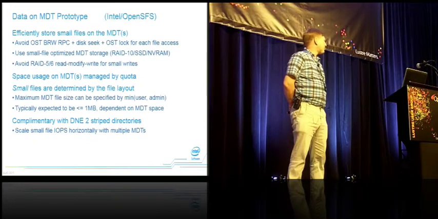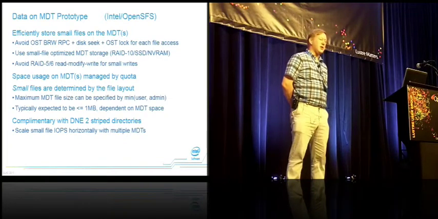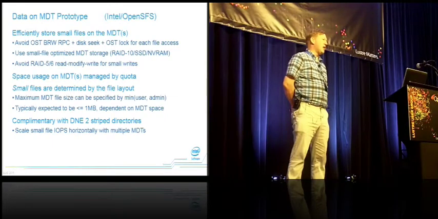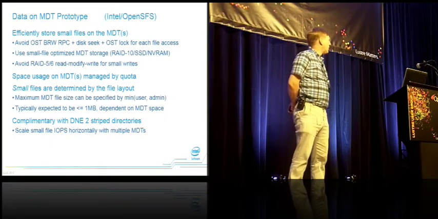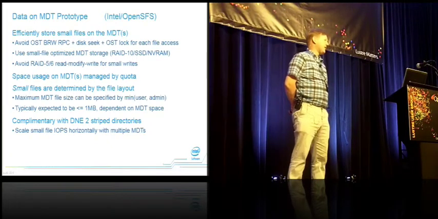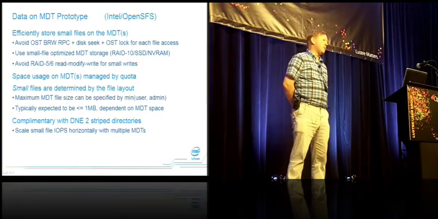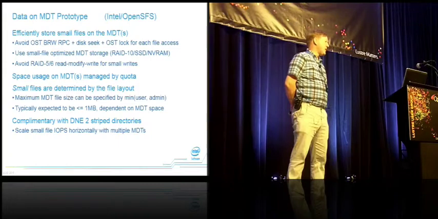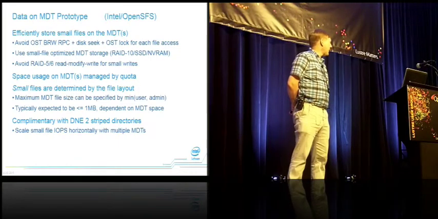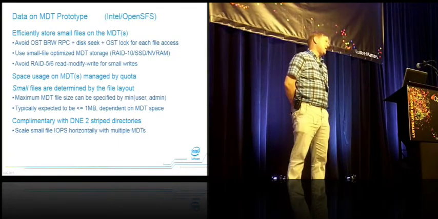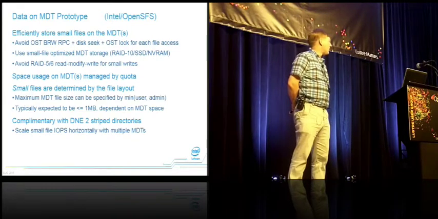One of the issues is that Lustre was originally designed for large streaming I/O workloads, so the overhead of a single file open was not a primary design goal. But as Lustre moves into other spaces, and even in HPC, there are small file workloads.